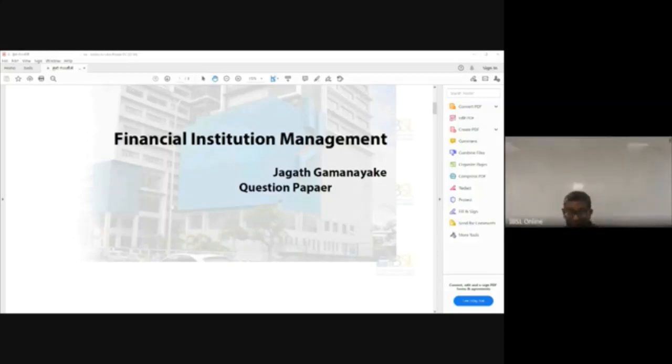The next approach is the resource-based approach. We have three types of resource evaluation or assessment. What are the three resources analyzed? One we call the physical resources.